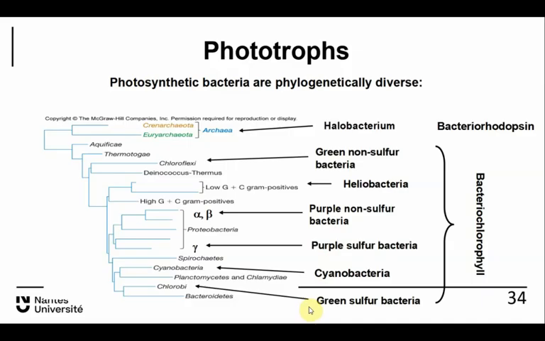There was one original photosynthetic bacterium, and then some transfer of genes to others to produce a kind of polyphyletic character of photosynthesis among bacteria.